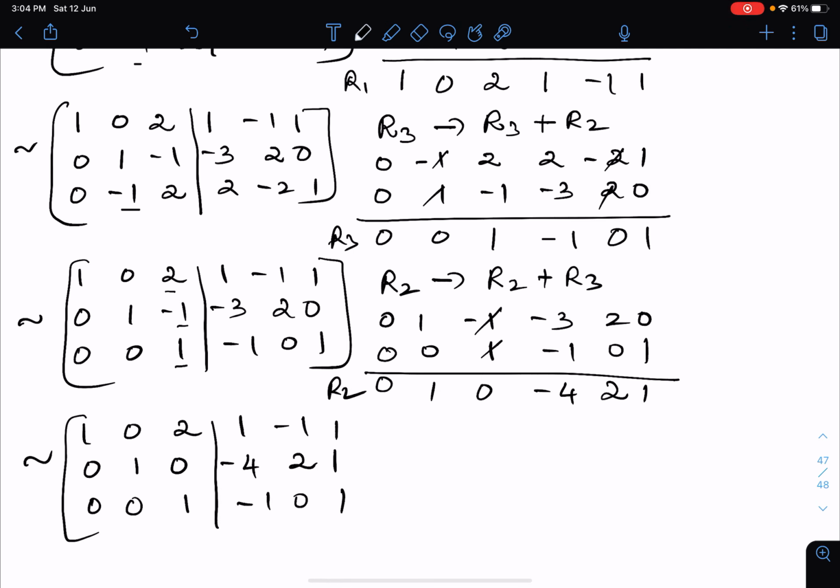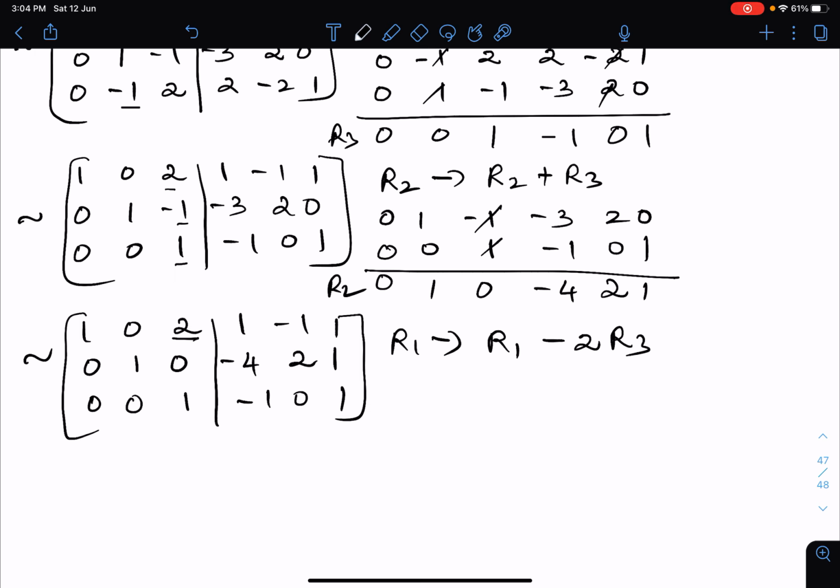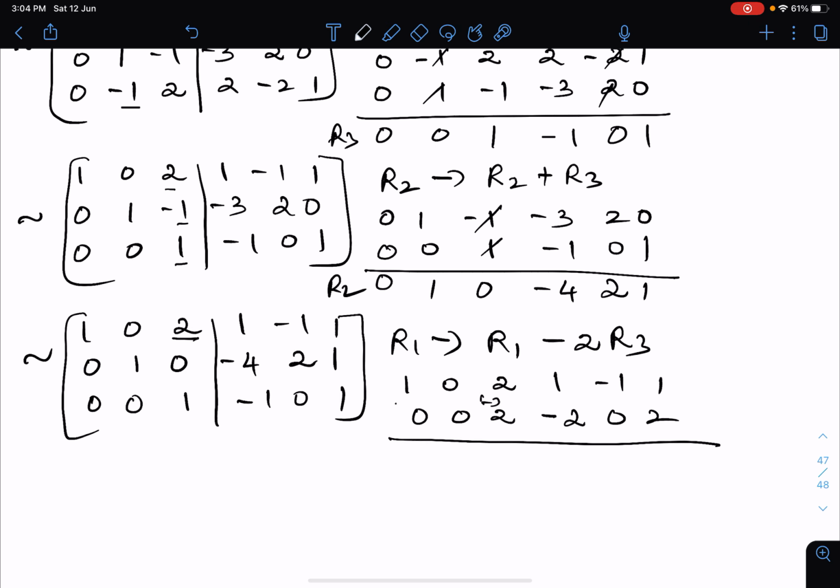Okay. Now you can come to our R1, this 2, you have to make it 0. So your R1 is going to be R1 minus 2 R3. Okay, what is our R1? 1, 0, 2, 1, minus 1, 1, and 2 R3, 0, 0, 2, minus 2, 0, 2. Now subtracting, changing the sign throughout.